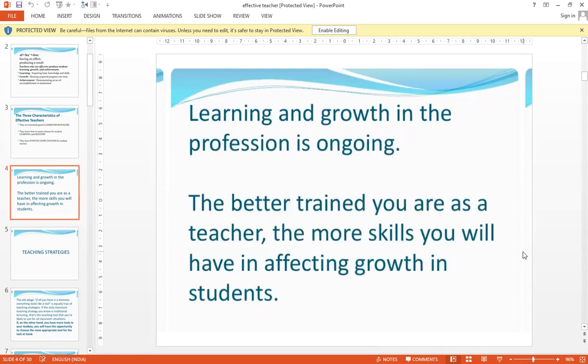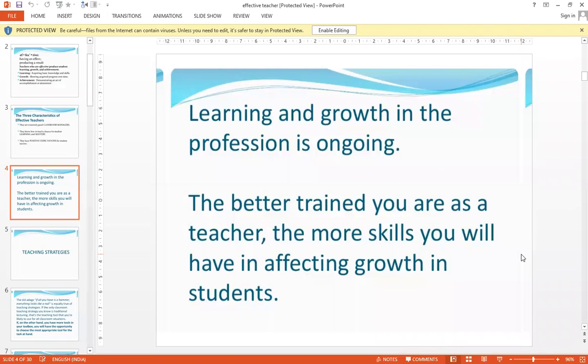Next, we have learning and growth. Learning and growth in the profession is ongoing. Learning and growth go hand in hand, simultaneously. The better trained you are as a teacher, the more skills you will have in affecting growth in students.